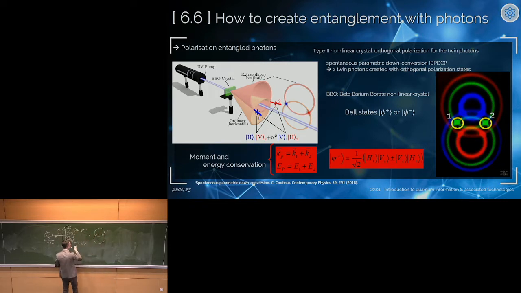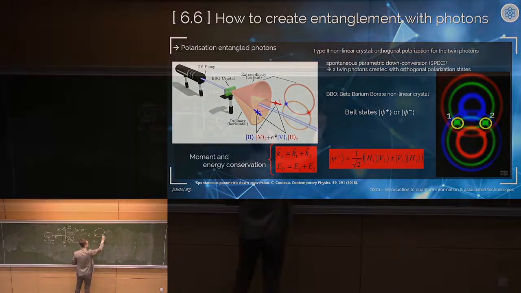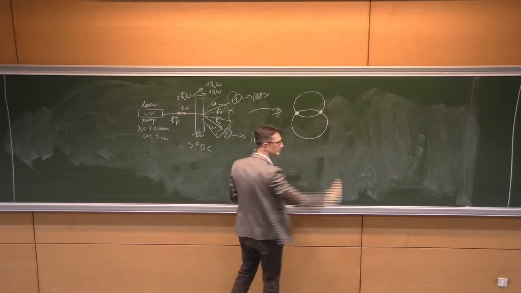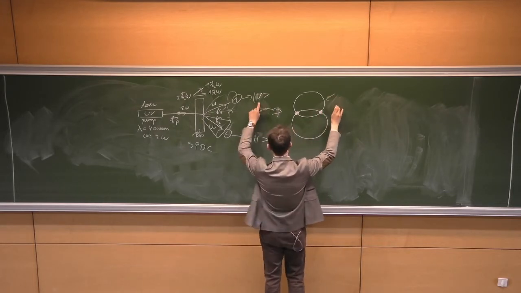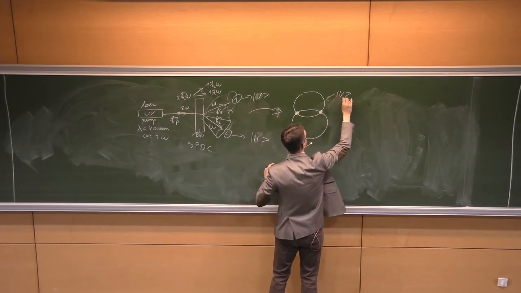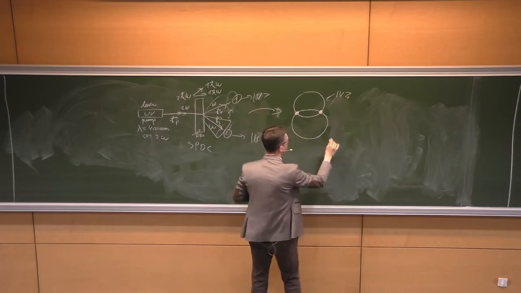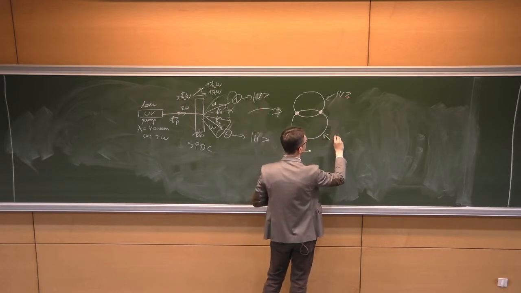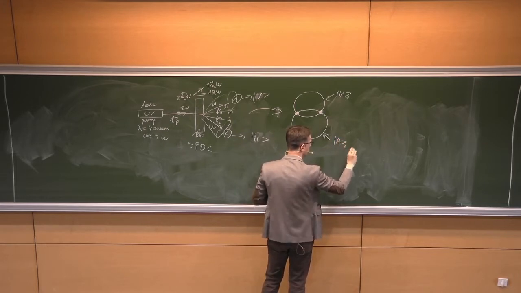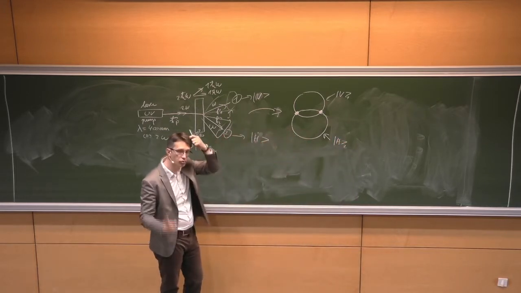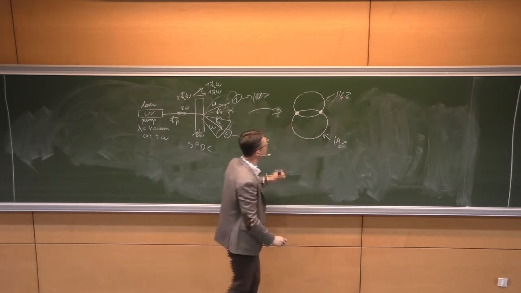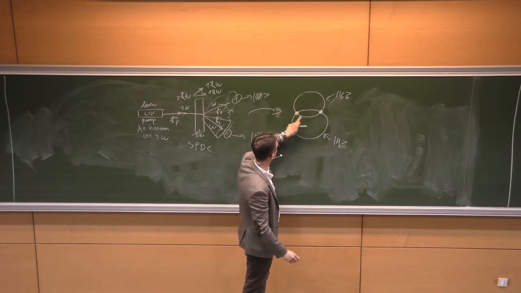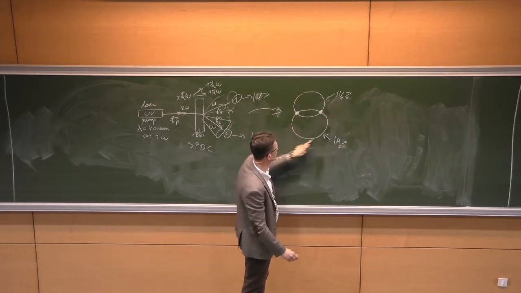If I take a cut like this, I have here two intersection points, right? And what I know is that the top circle are photons with V polarization, and these are the photons 1, and the bottom circle is photons with polarization H, and those are the photons 2. So here is the case for any of those on this circle, and here's the case for any of these on the circle.